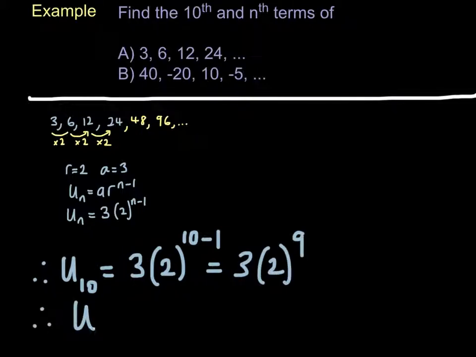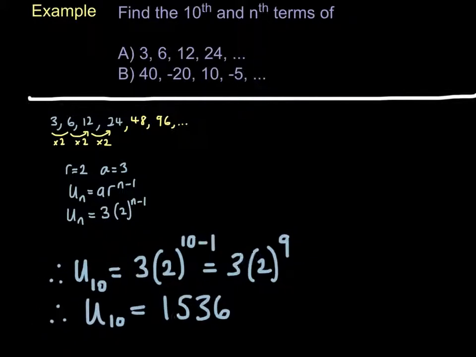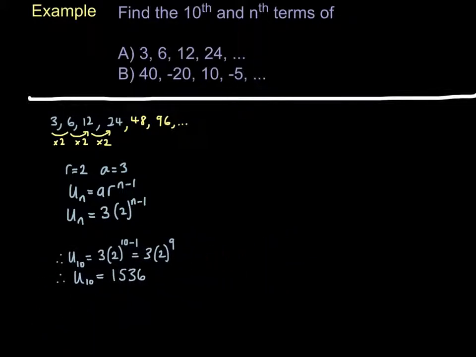And then, therefore, our 10th term is going to be, just do that on your calculator, 1,536. Simple. Okay, I think a little bit quicker to get to than if we did just keep doubling numbers on our calculator. And if you try on your calculator, if you keep multiplying by 2 until you get to the 10th term, then 1,536 should be your answer.